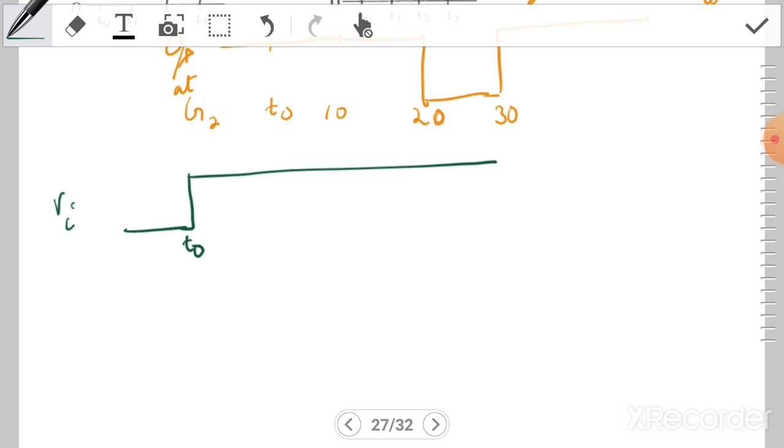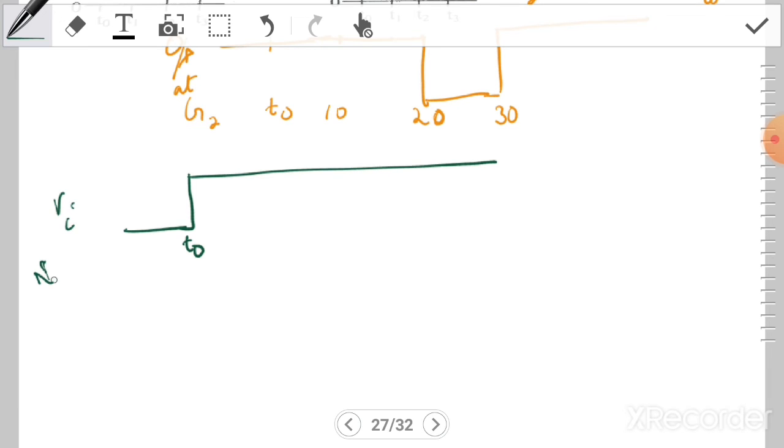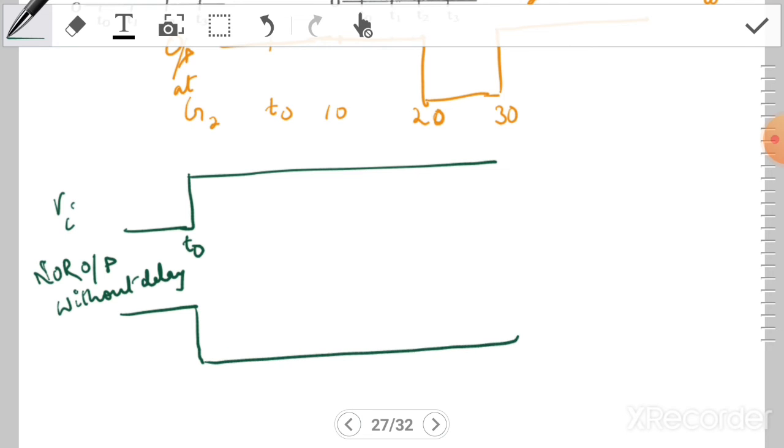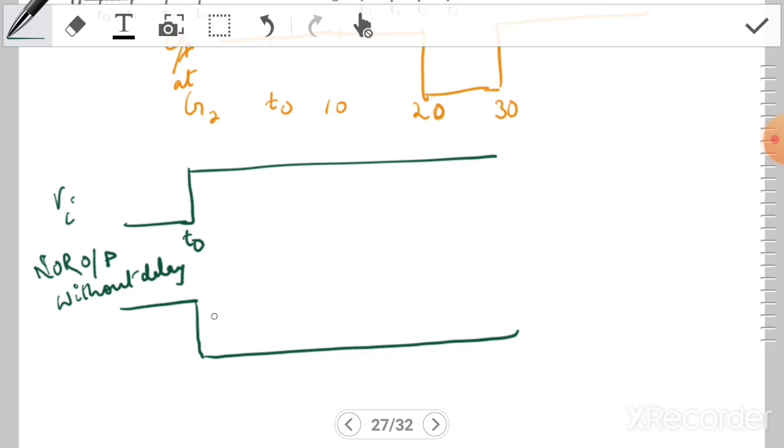So the NOR output without delay: the output is Vi complement here. If there is no delay, there will be an instant transition at T0.